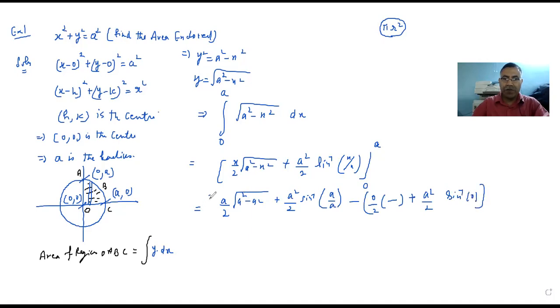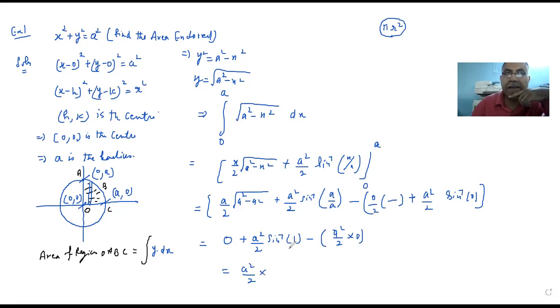So which is equal to, a square minus a square is 0, plus a square by 2 sine inverse 1, minus a square by 2 times 0. So which is equal to a square over 2 times sine inverse 1.